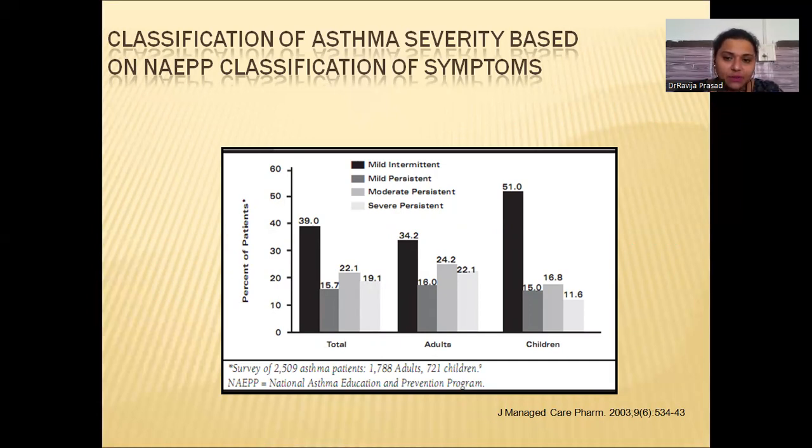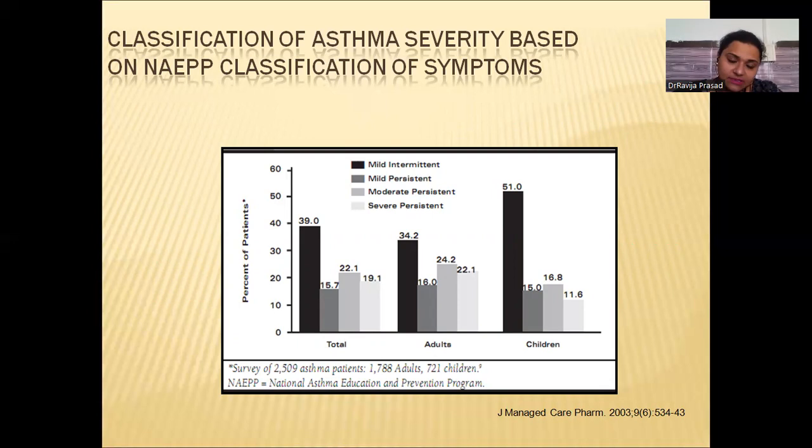The highest range in the children is 1%, that is mild intermittent, then in the adults it is 34%, and the total ratio we can find is 39%, that is mild intermittent.